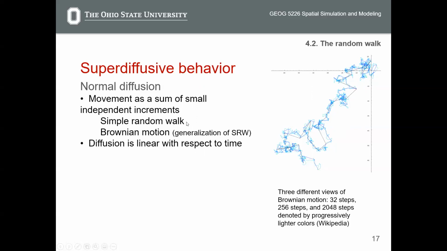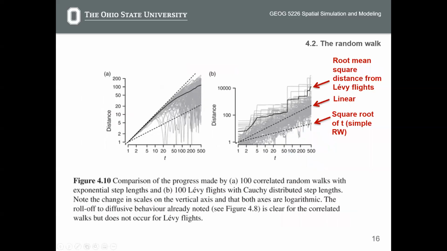Simple random walk follows normal diffusion. Brownian motion or pure random movement follows normal diffusion. Diffusion is linear with respect to time. What does it mean? The lower dashed line is for simple random walk, so you expect that when the time increases, the distance also increases linearly. It's very similar to a pure linear movement. This is normal diffusion behavior.